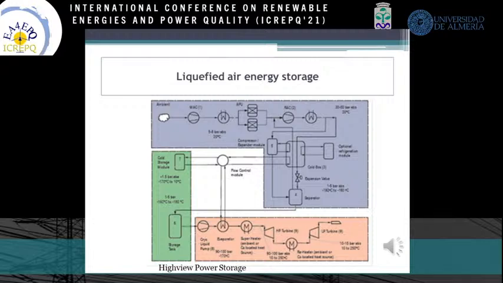When it is convenient to generate electricity for its discharge into the grid, liquefied air is heated by exchanging heat with a fluid with higher temperature, ambient air for example, and it is expanded in a turbine system. The air expansion in the turbines follows a Rankine cycle.